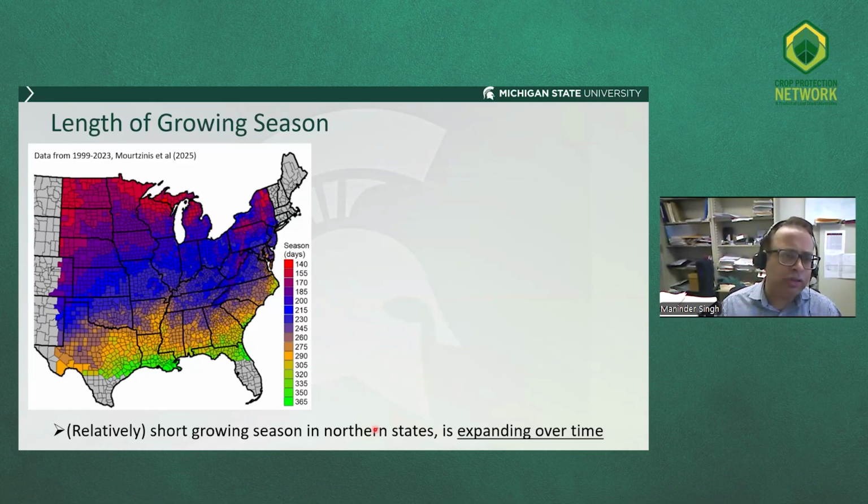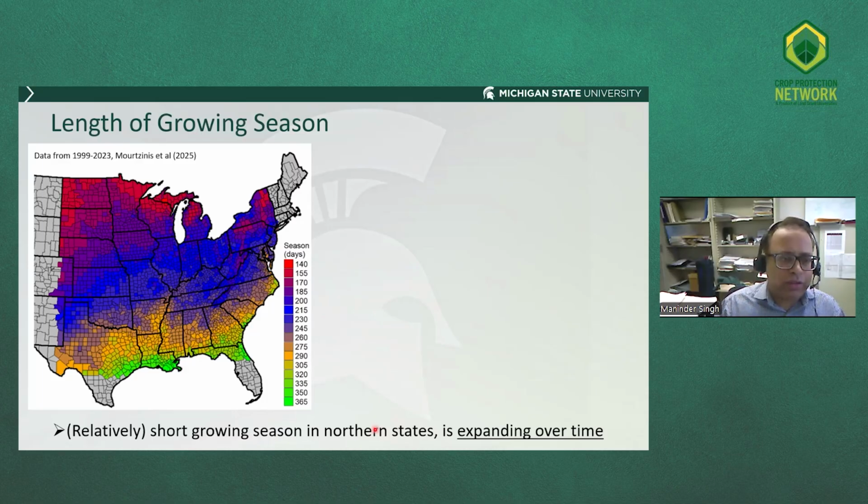And we can think about why relative maturity is among them, and we can start that by looking at this data that we recently published, showing you length of the growing season based on your location, right? And again, these data are based on the frost event in the spring and fall. So this does not account for the planting date as well as the relative maturity of your hybrid.